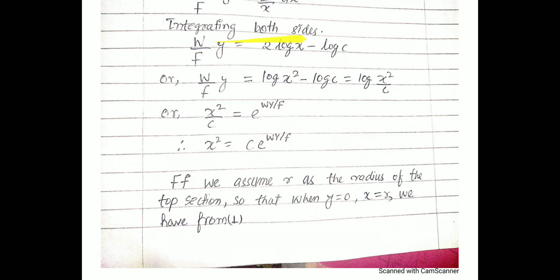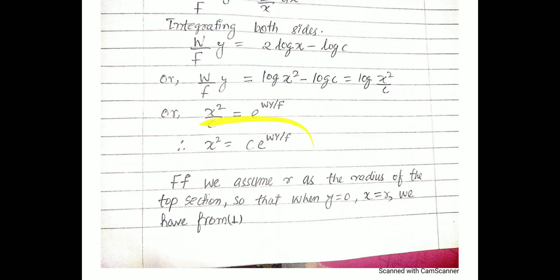Integrating both sides, we get w by f y is equal to log x square minus log c, which is equal to log of x square by c. Now we get x square by c is equal to e to the power w y by f.